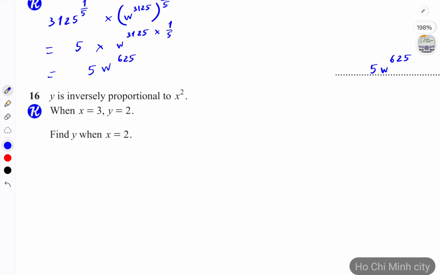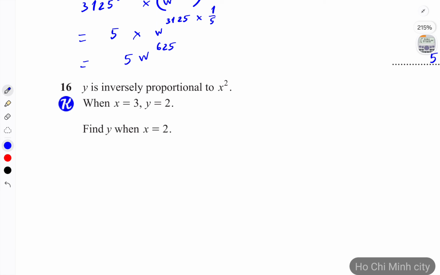Number 16, we have the fact that y is inversely proportional to x squared. And when x is 3, then y is 2. So find out the value of y when x is 2.